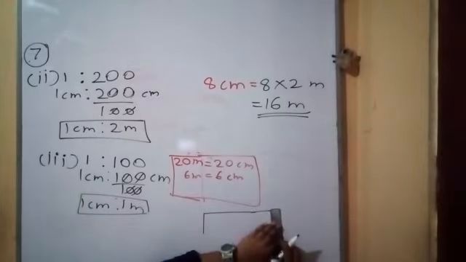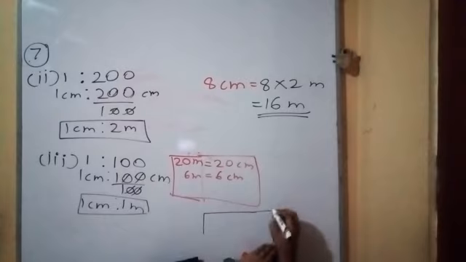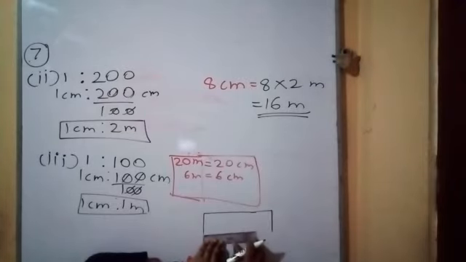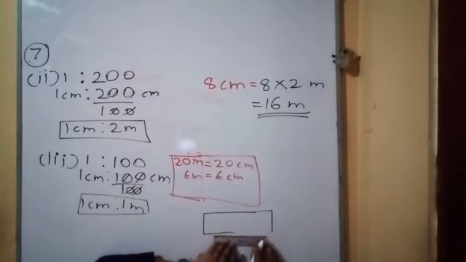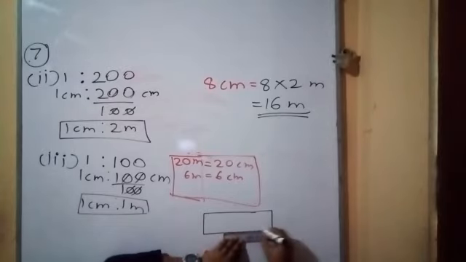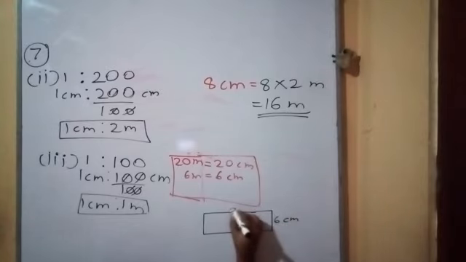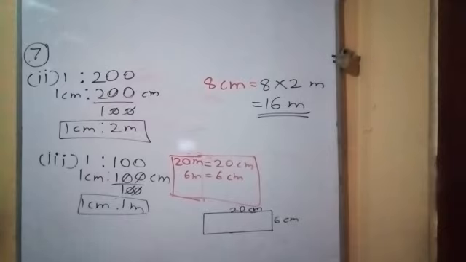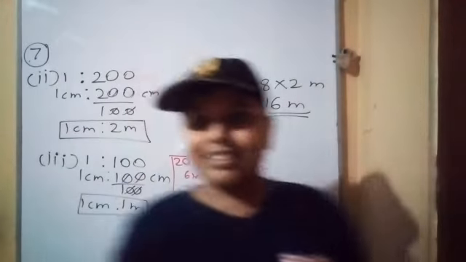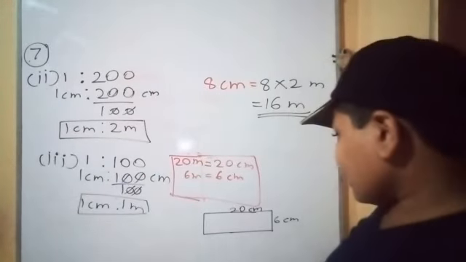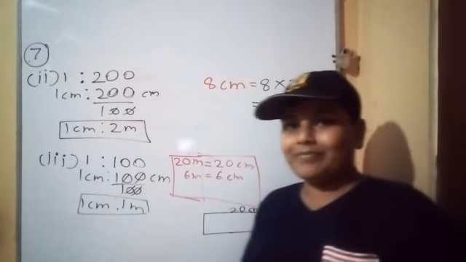The other side is also the same. Draw and keep it like this and now connect this. Now that is the scale diagram. Right? 20 centimeter by 6 centimeter scale diagram means this. So now this is the scale diagram.